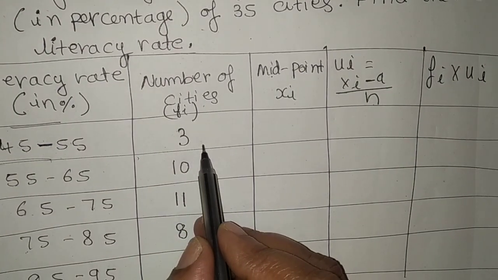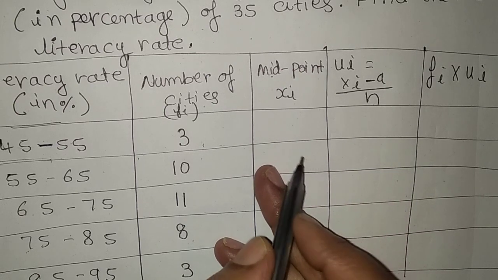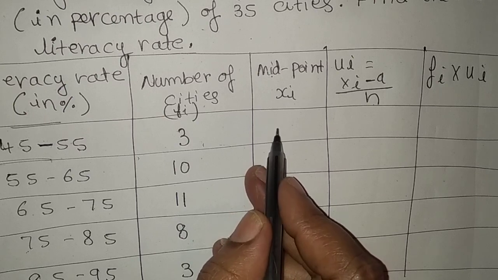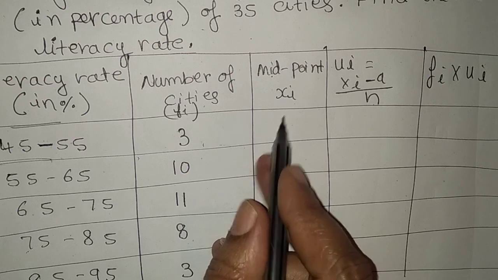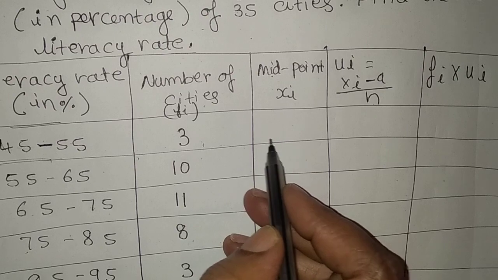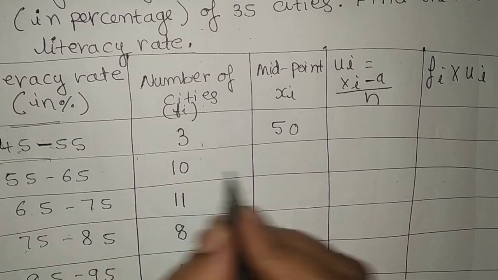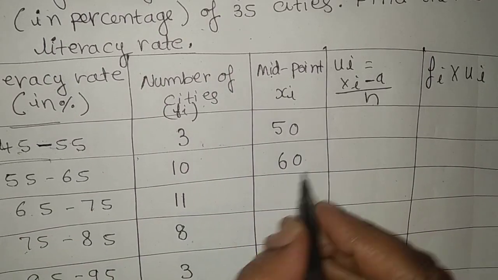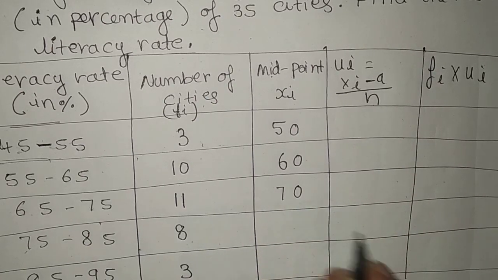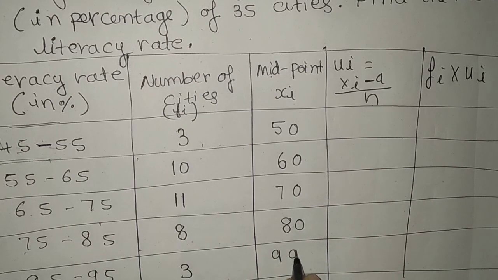Therefore the midpoint will be, 45 to 55 is 50, 55 to 65 will be 60, 65 to 75 will be 70, 75 to 85 will be 80, 85 to 95 will be 90.